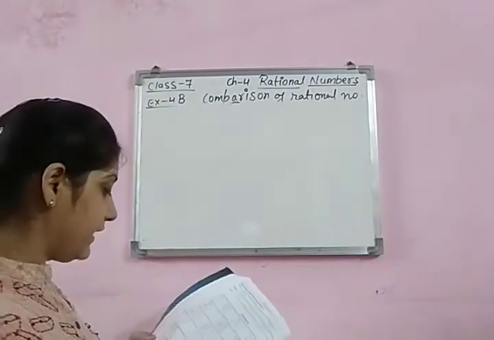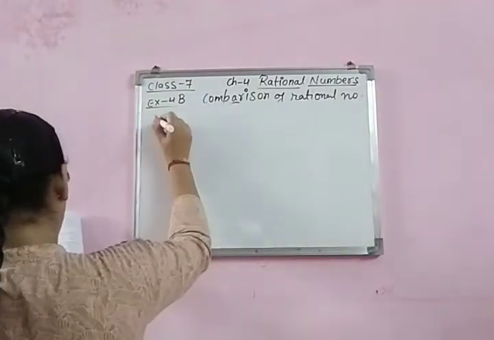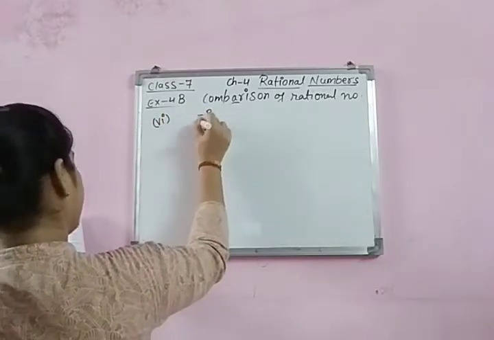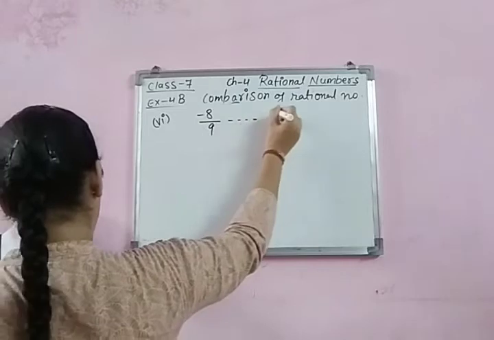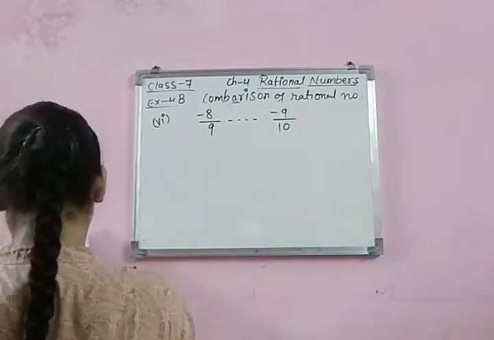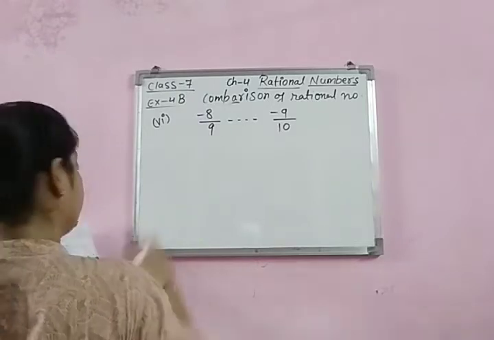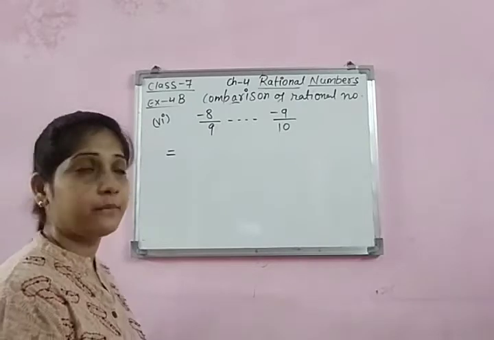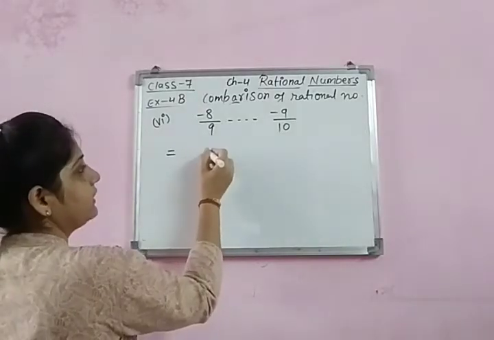Now I have solved many questions. You have to practice. Sixth, I am telling you, negative 8 by 9 and this is negative 9 by 10. So what we have to do? Again, if the denominator is not positive we have to make it positive, but it is already positive.